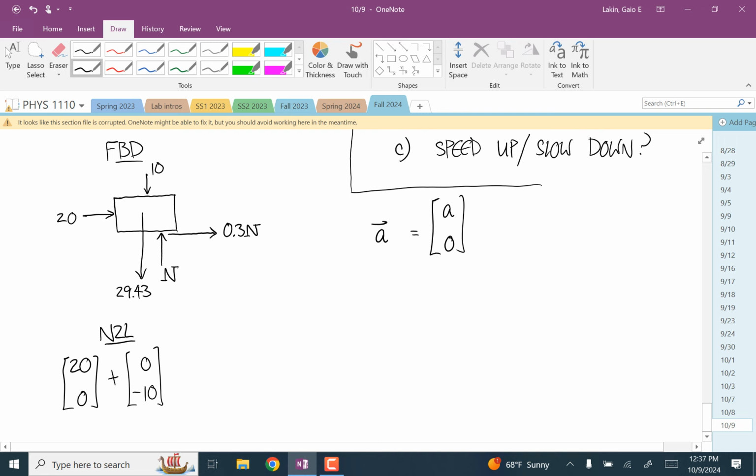The weight is in the negative Y, so that's 0, negative 29.43. The normal force is in the positive Y, so 0, N. And the friction force is in the positive X, so that's 0.3N, 0.